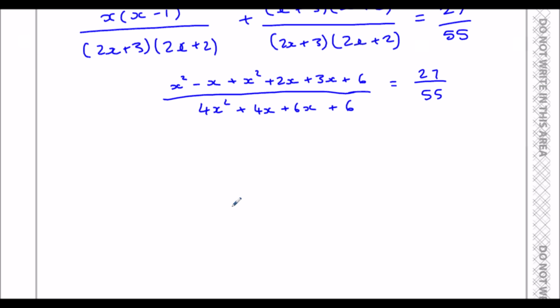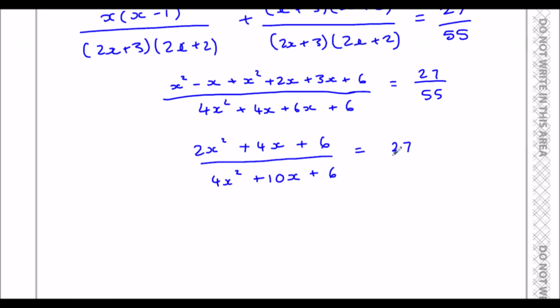And we'll simplify these now. So the top line, x squareds, I've got 2x squareds, x squared plus x squared. I've got 2x plus 3x minus 1x, which is 4x, and a 6 on top. And on the bottom, I've got 4x squareds plus 10x plus a 6.